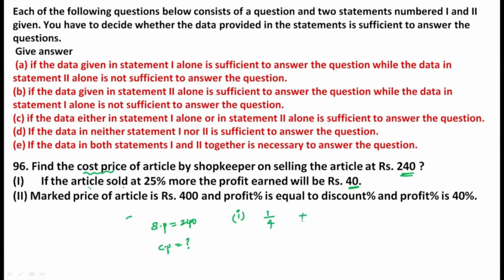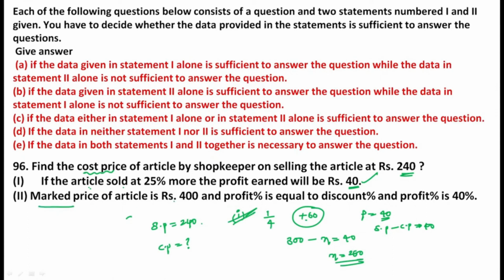Means if you add 60 rupees more, then they can get 40 rupees profit. So 60 plus 240 means 300. Selling price minus cost price is equal to profit, which is 40. 300 minus x is equal to 40. Now your x is equal to 260. Based on 1, you can get the value.